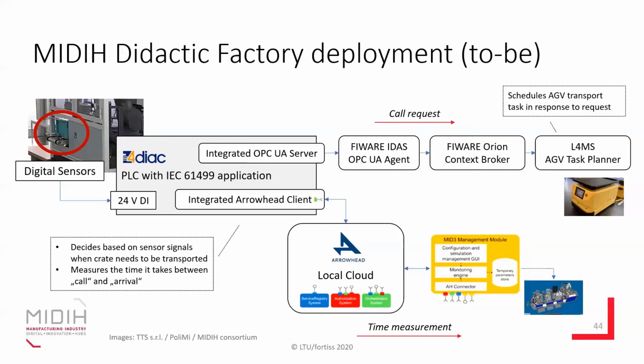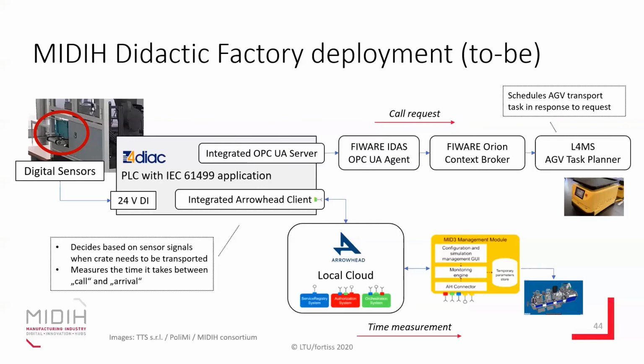But the second information path in this big picture, which is of course the one which is relevant for our topic today, is that the 4diac application also has an Arrowhead client on board that it uses to offer our time measurement through the Arrowhead framework local cloud to the digital twin.